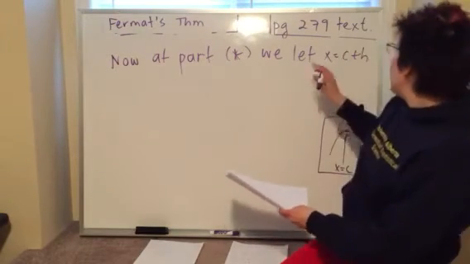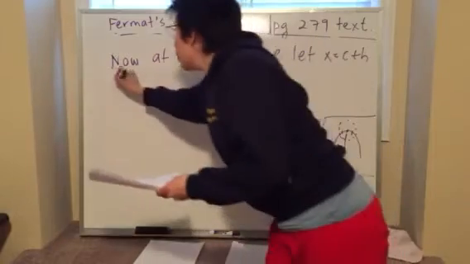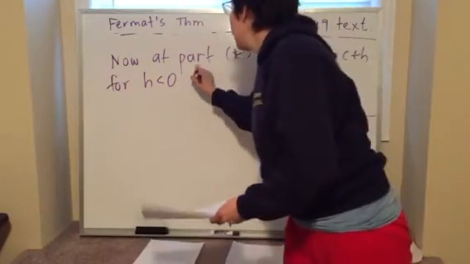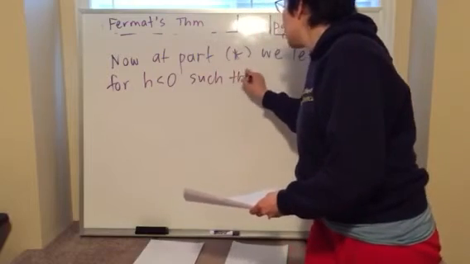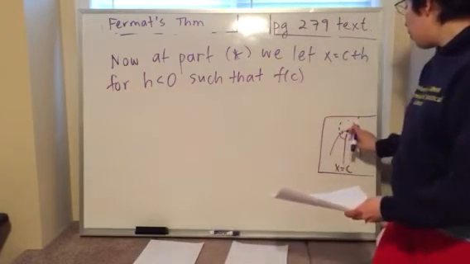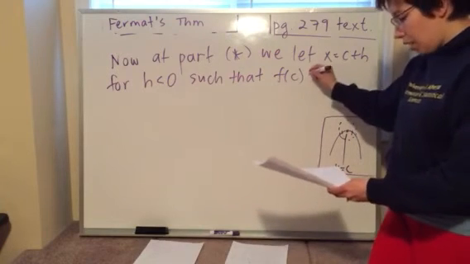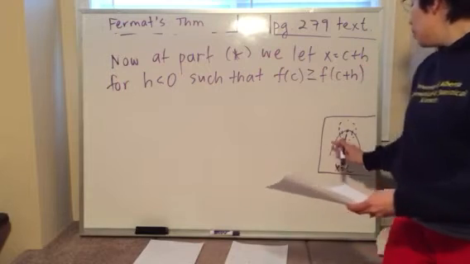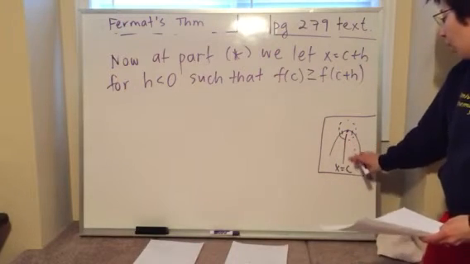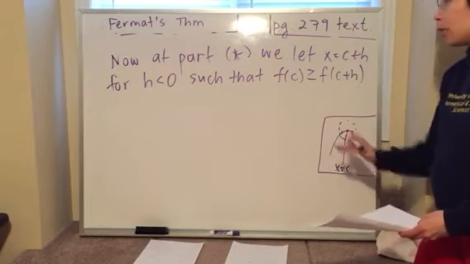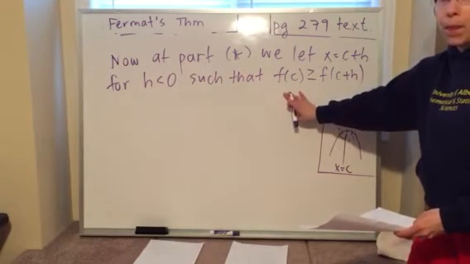Okay, so let x equal c plus h for h less than 0 such that we still have that this f at c value here is greater than or equal to f at c plus h. That's still true, because whether h is small and positive or small and negative, the max is still cushioned in the middle there, so it's the higher one.